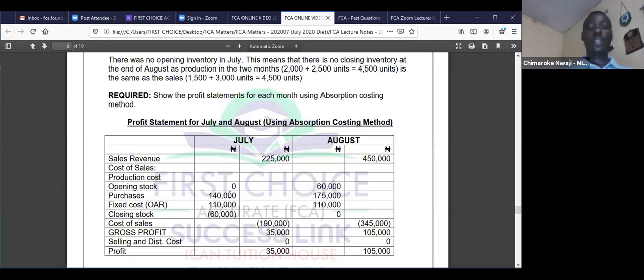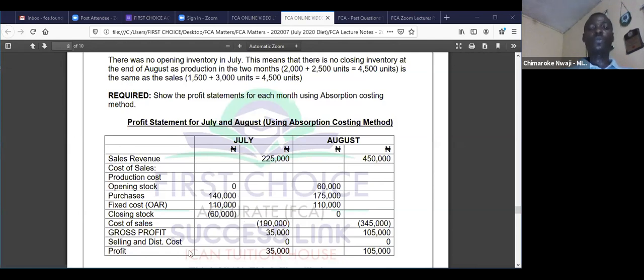So what you do now is 140,000 plus 110 minus 60,000 gives you 190. So 190 becomes your cost of sales. So 0 is opening stock, 140 is production variable overhead, the 110 is fixed production overhead, the 60 is closing stock, gives you 190.